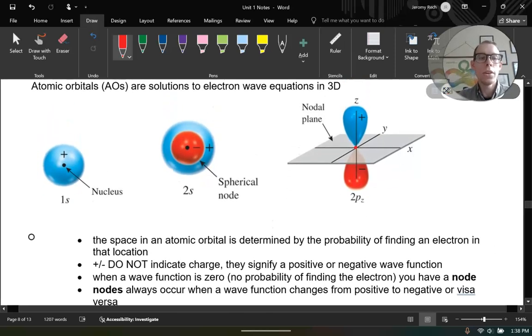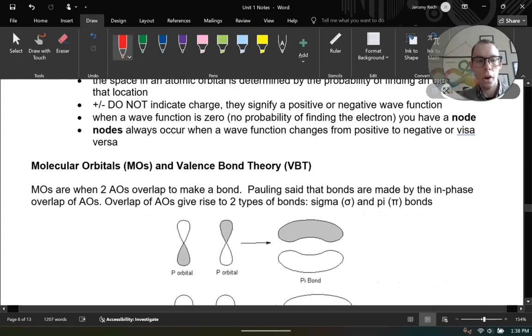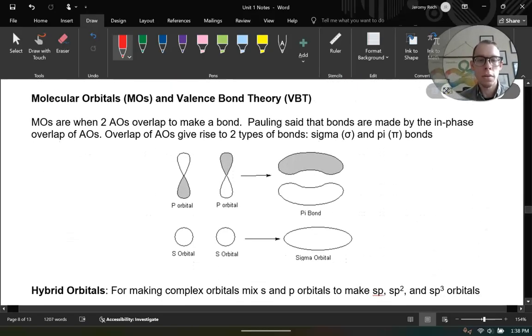Now, when you take atomic orbitals and you mix them together to form a bond, you get molecular orbitals. So the two most common that we're going to talk about are going to be sigma, or single bonds, and pi, which are double bonds. And these are going to be when you get your interaction between your orbitals.